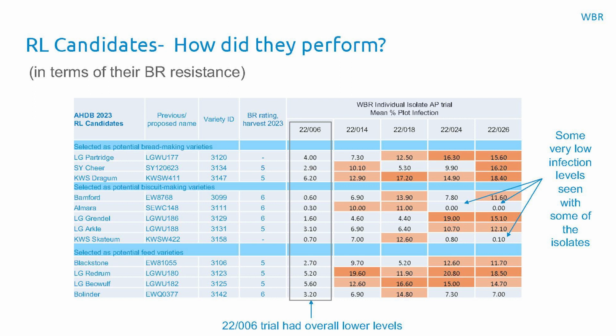It was quite interesting to note that Almara did well with 2 of the isolates, where it was 0.04 across those 7 assessments. And KWS Gatum did quite well in the trial infected with 22026, with just a 0.1% mean. And I can't help but point out that this trial here had overall those lower levels.